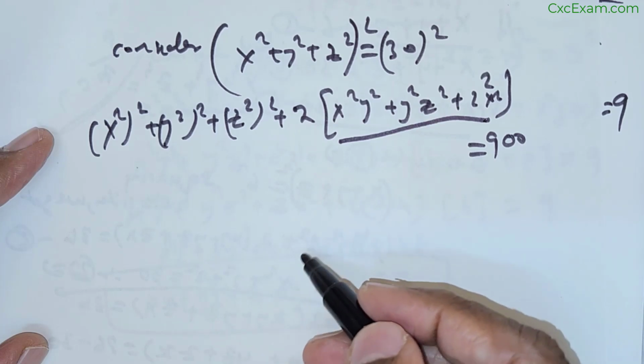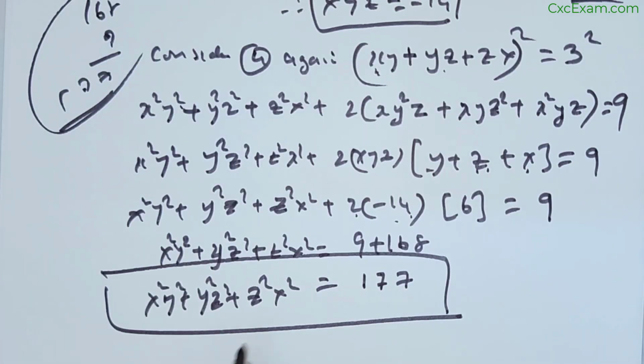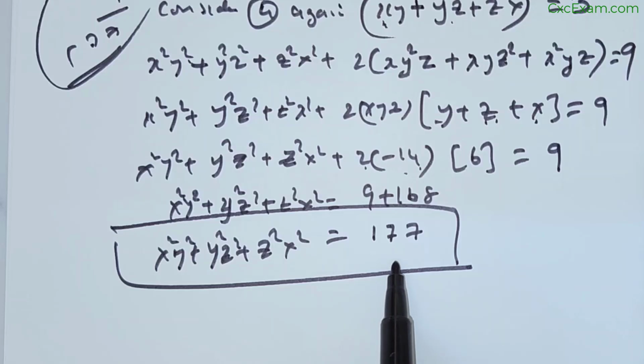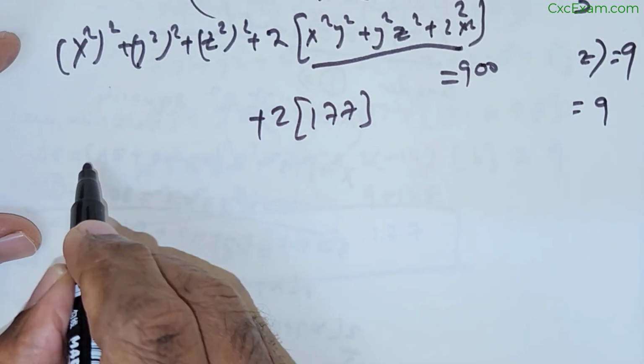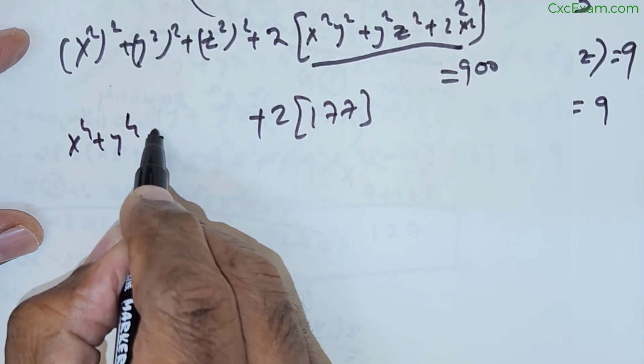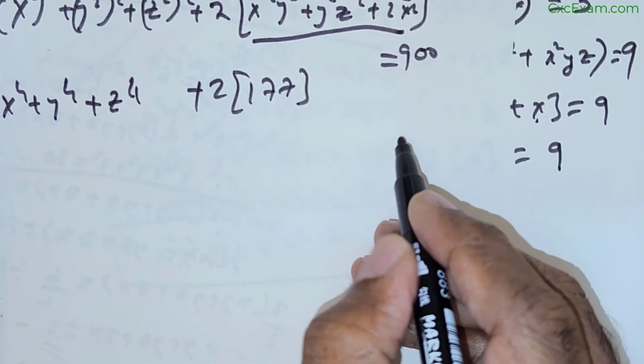So what is this? This is already got. You see here? 177. So 2 times 177, and this is x power 4, y power 4, z power 4.